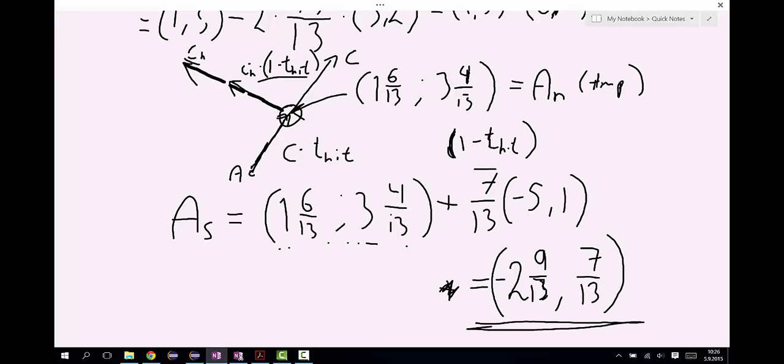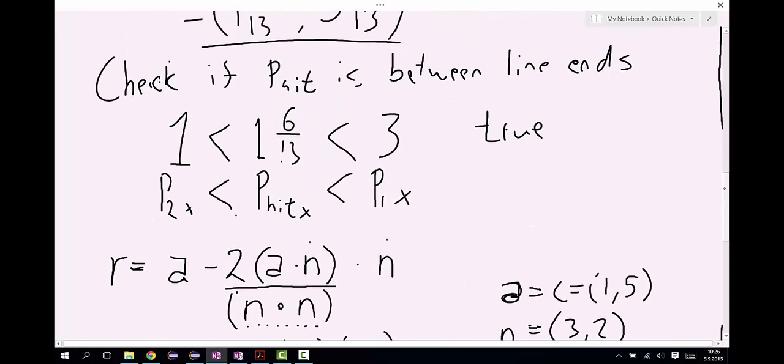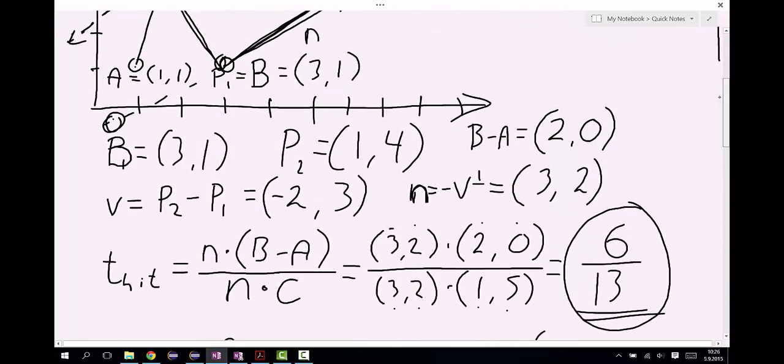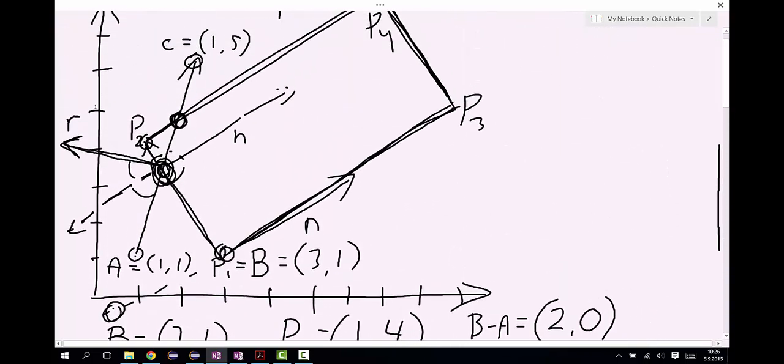So this is our final answer. This is the position of the particle after it's traveled for 1 second, and inside that 1 second reflected off of this line here.